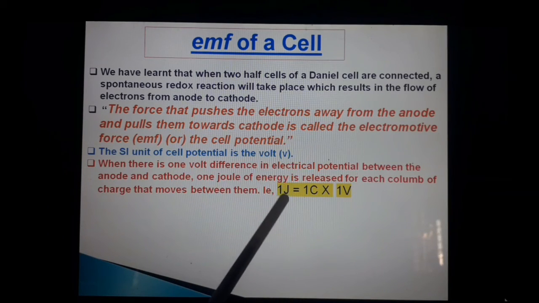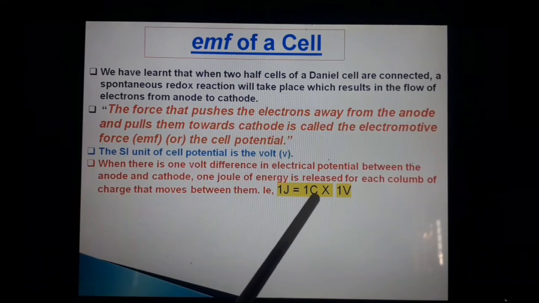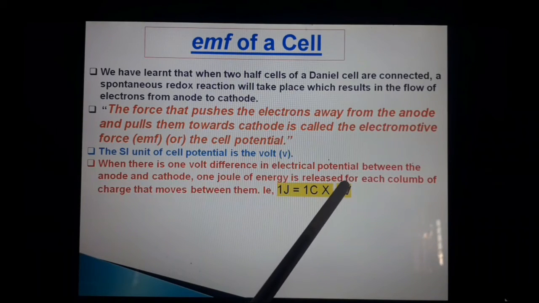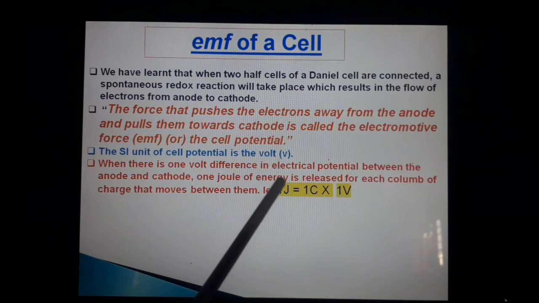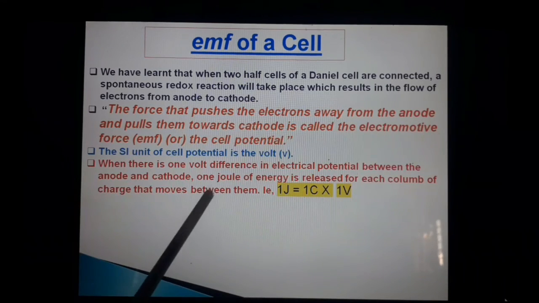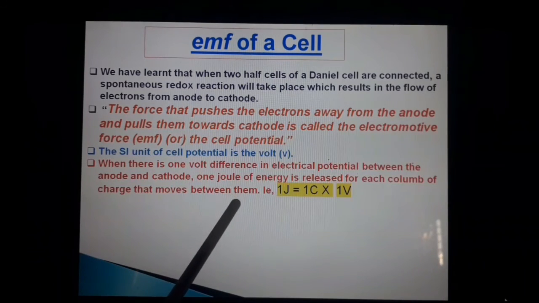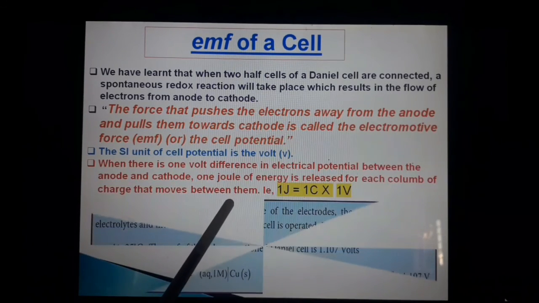How much energy is released? 1 joule released means 1 coulomb of charge into 1 volt. This is the definition: 1 joule of energy is released for each coulomb of charge moving between them. That is a very important formula.